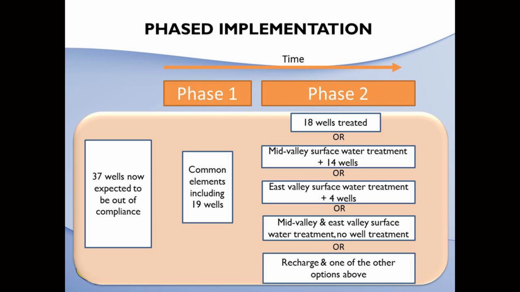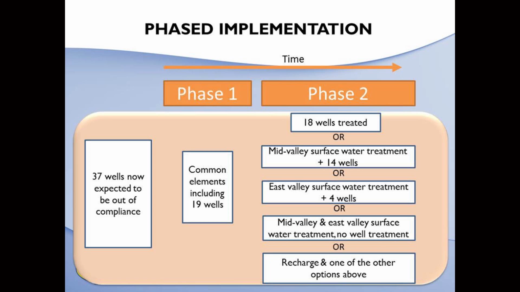So we're suggesting to the public and to our board that before we figure out some of the issues related to surface water treatment and mid-valley recharge, we can certainly get started on the 19 wells that would receive groundwater treatment via ion exchange immediately, starting in early 2015.